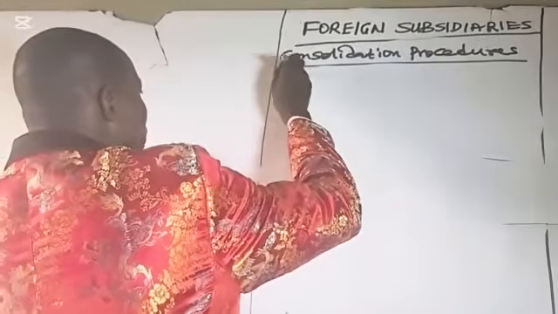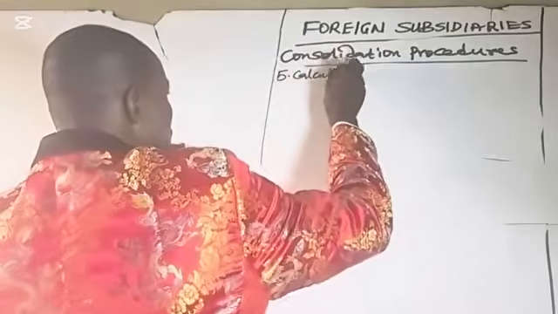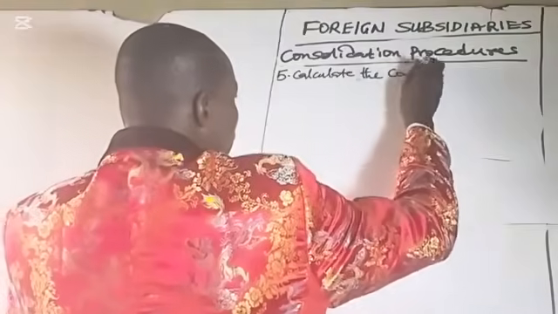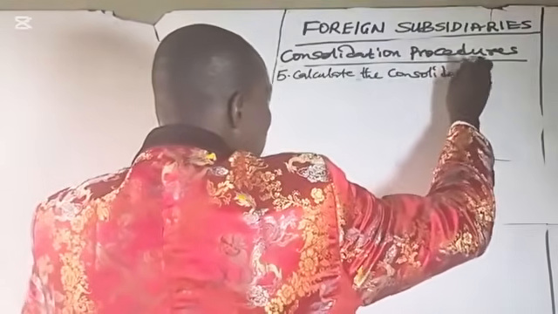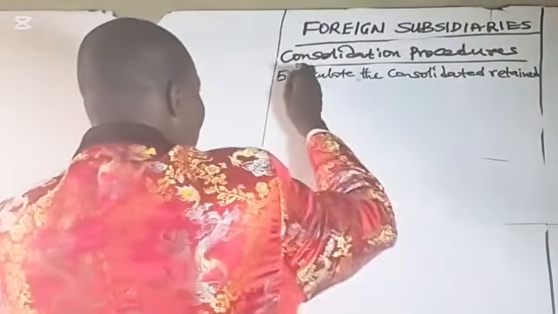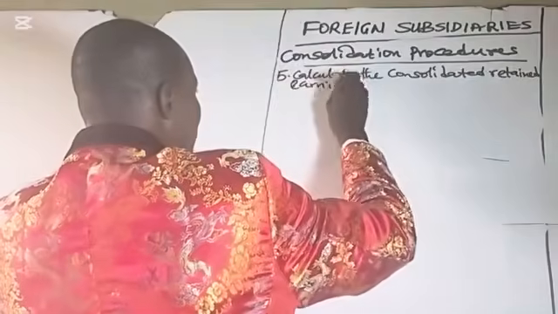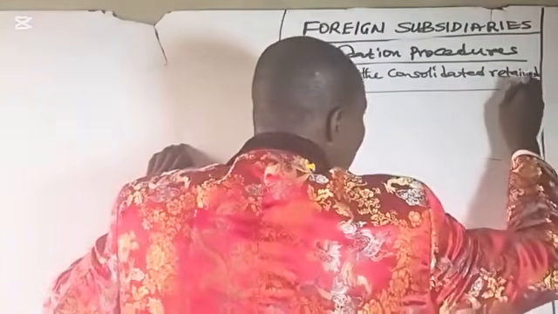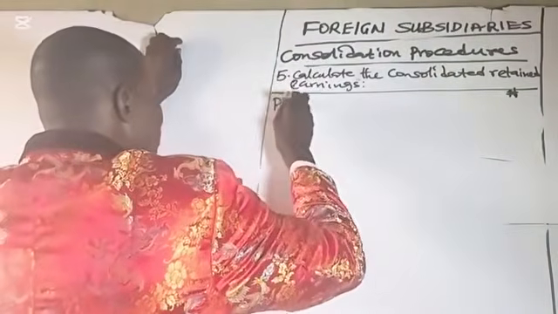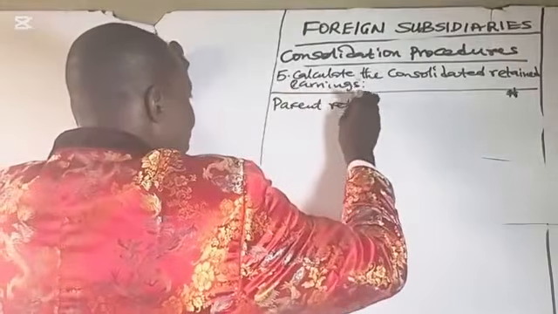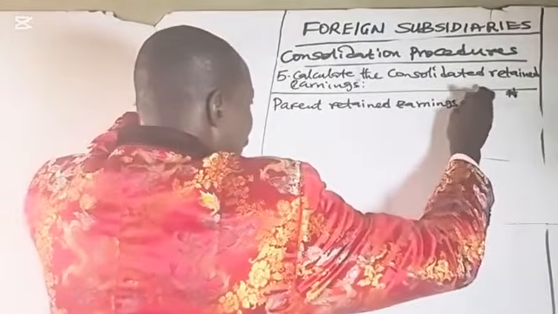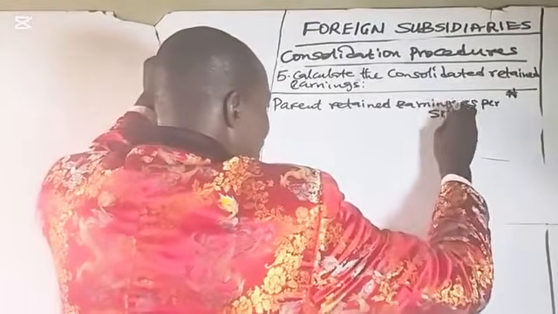Step number 5, calculate the consolidated retained earnings. You start with parent retained earnings as per statement of financial position.